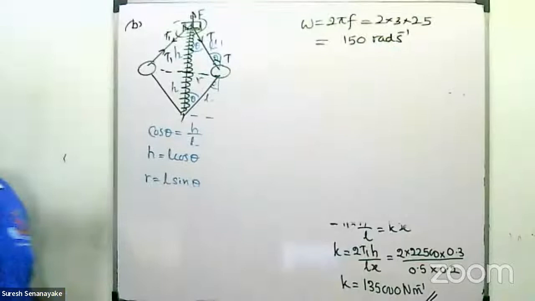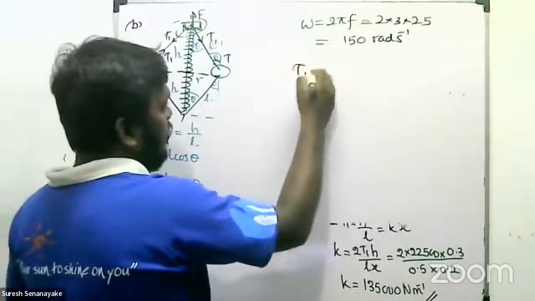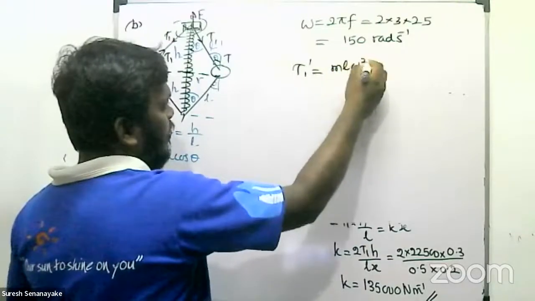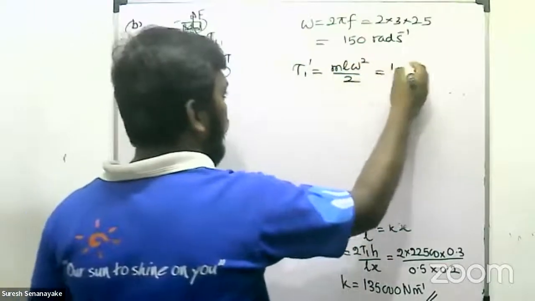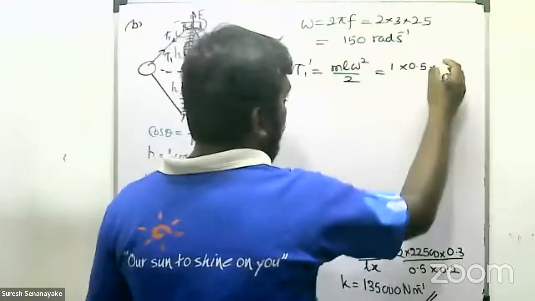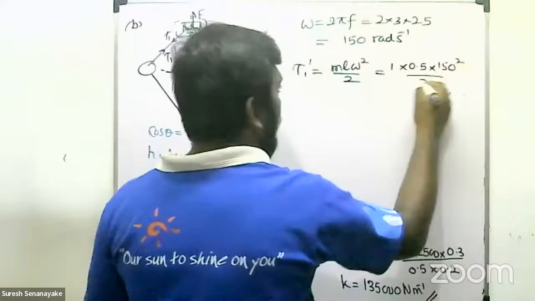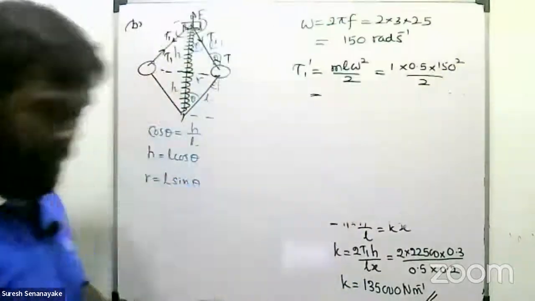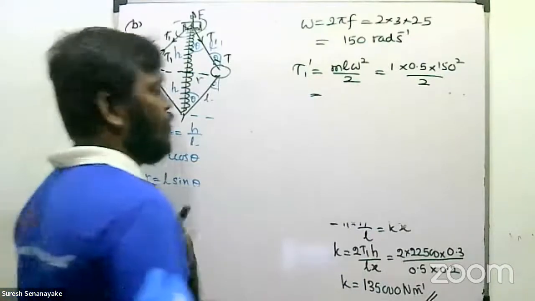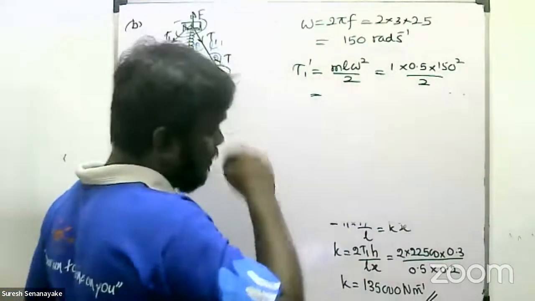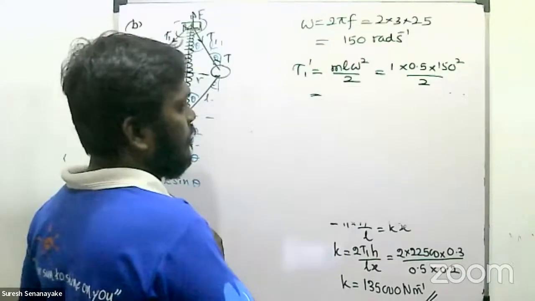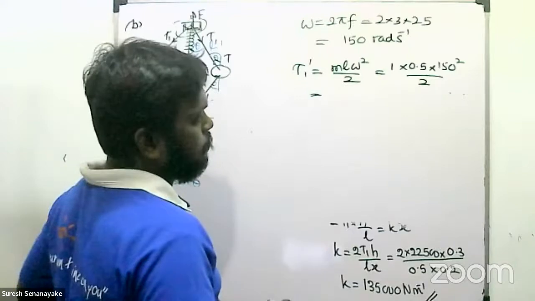Now the tension you can write. The tension T dash, with the different value of this omega, is M L omega square over 2. M is 1 kilogram, L is 0.5, and omega square is 150 square divided by 2. 150 square is 22,500, divided by 4.